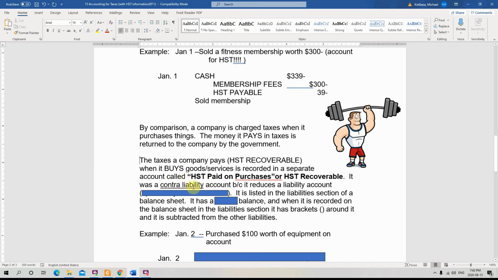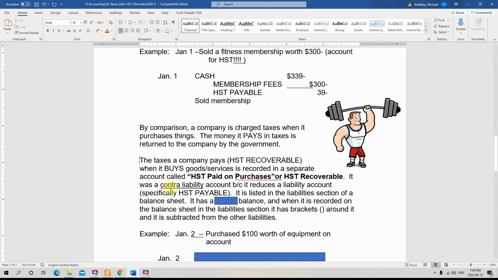Now, what liability will it reduce? So HST paid on purchases reduces HST charged on sales. Because HST charged on sales is what we owe the government. So what we're going to do is subtract what the government owes us, HST paid on purchases, from what we owe the government.